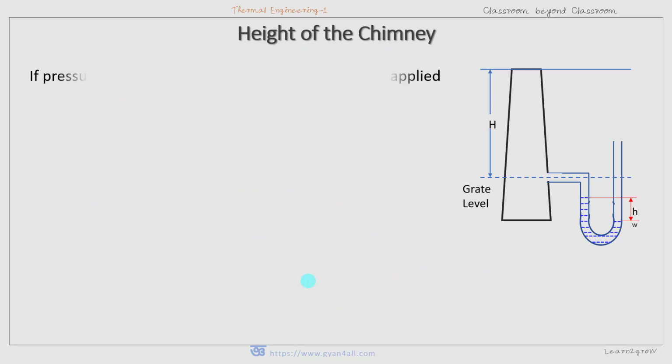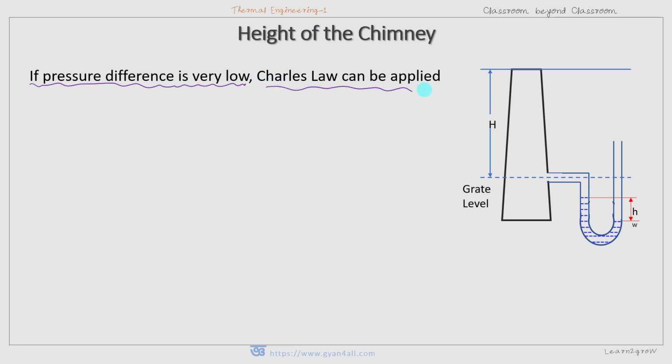Now the height of the chimney. If the pressure difference is very low, Charles's law can be applied to the gas law, because P1 V1 by T1 is equal to P2 V2 by T2, and if from process 1 to process 2, P1 is approximately equal to P2, we can consider it to be constant.